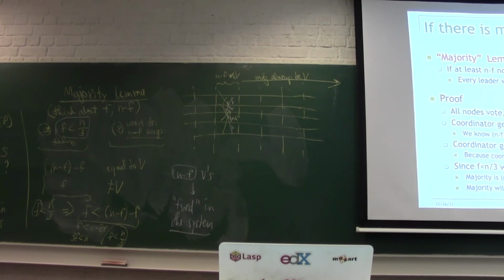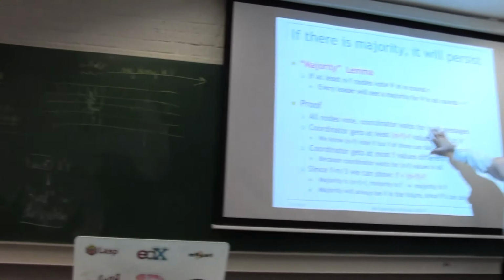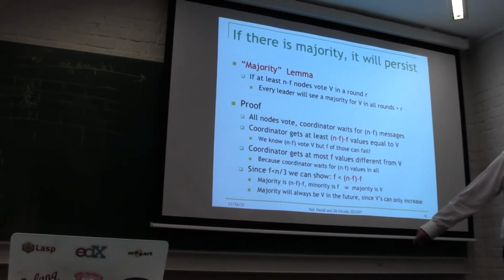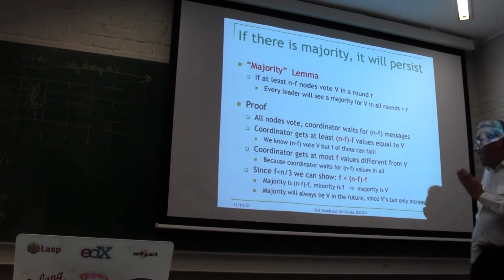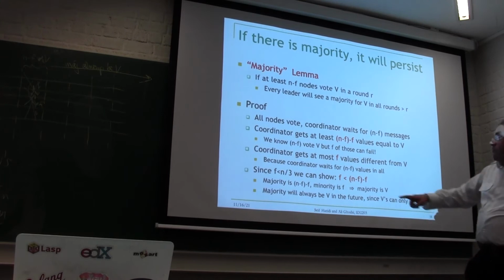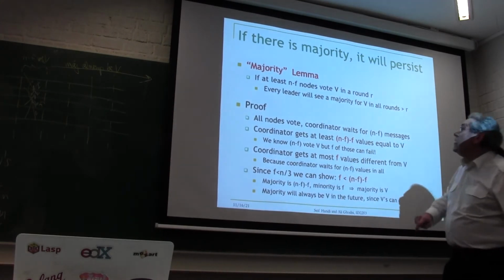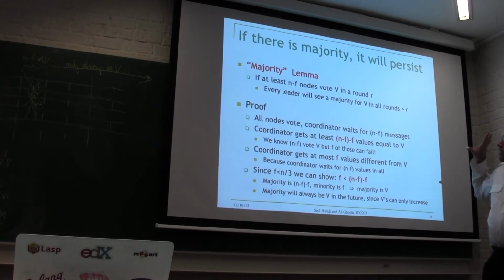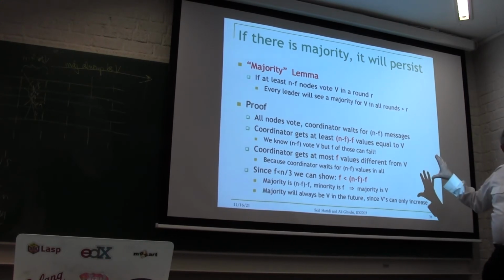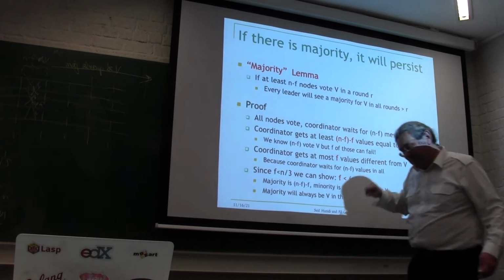And then the point is to calculate exactly the threshold, the exact value of f that makes the difference. It turns out if f is less than n over 3, then this holds. So this is the key reasoning to make this whole thing work.